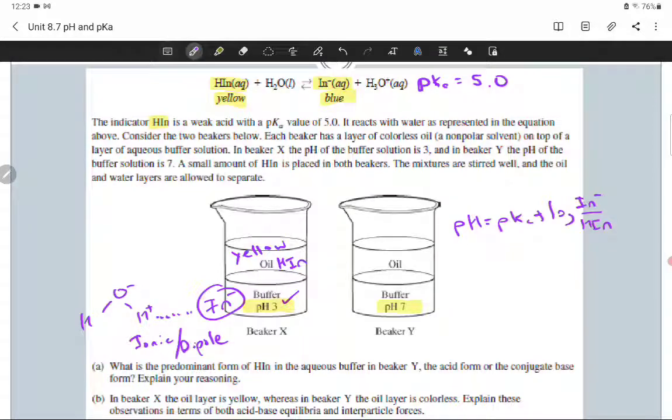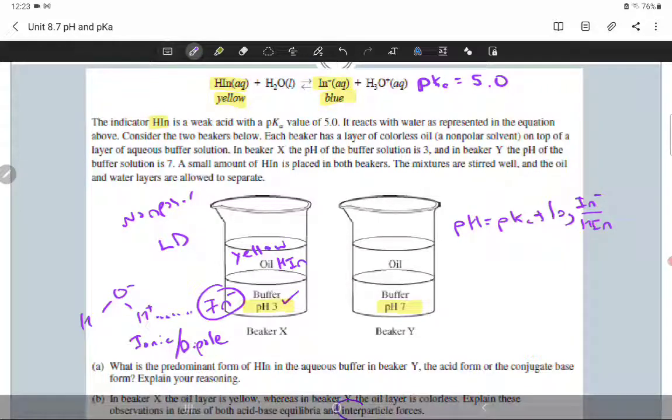And then why would HIn be in the oil layer? Well, it must be nonpolar, and there'd be an LD, London dispersion force attraction for that to occur. So that at least deals with the interparticle forces.